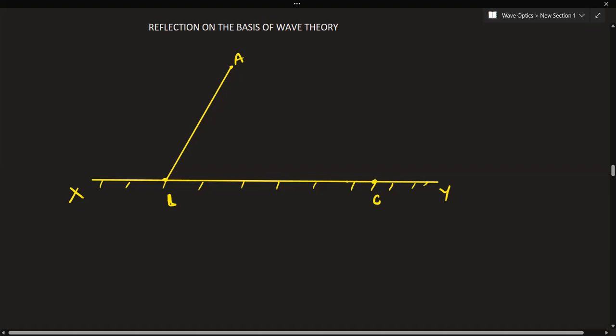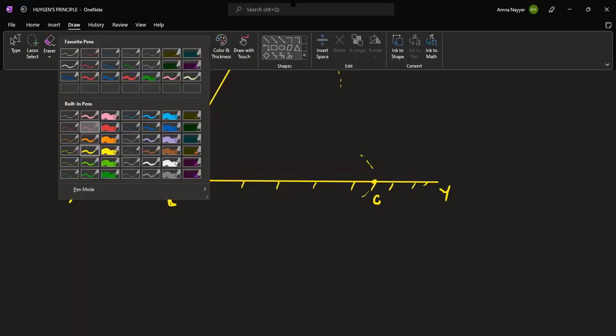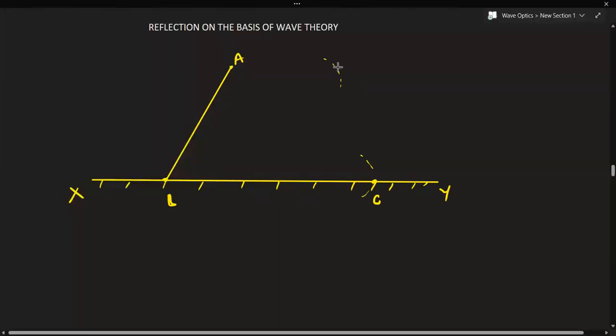This is for A. For B, I'll get a curve over this side. So one curve will be over here and another over here, one for A and one for B. Now if I join these two, let's name it CD.